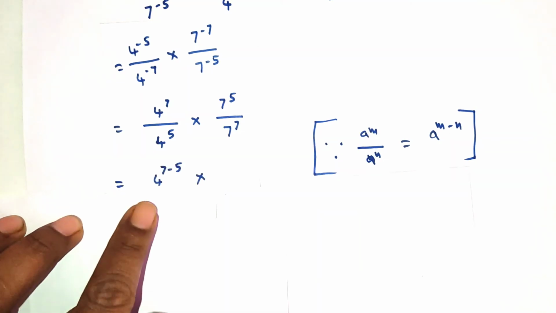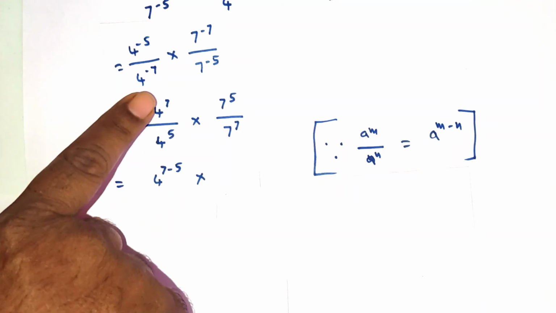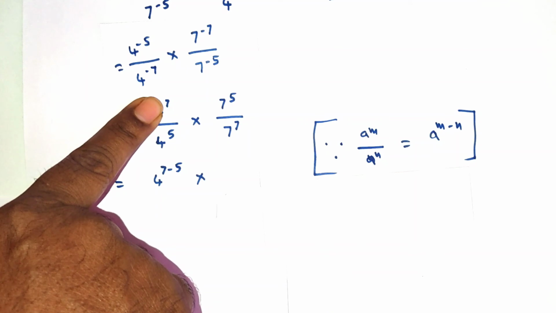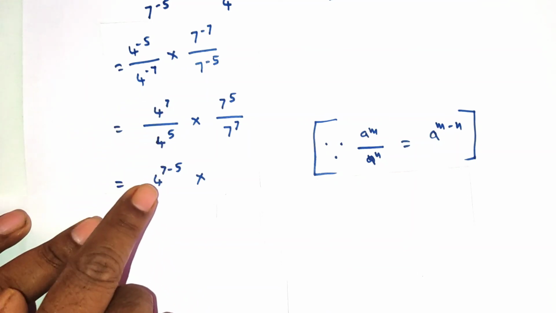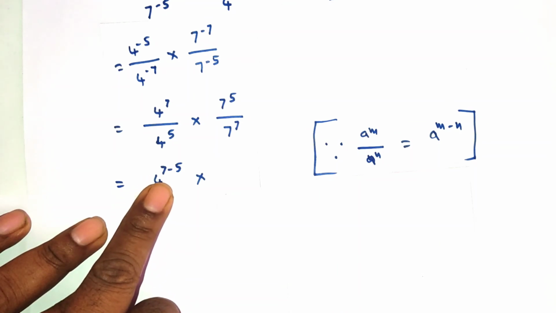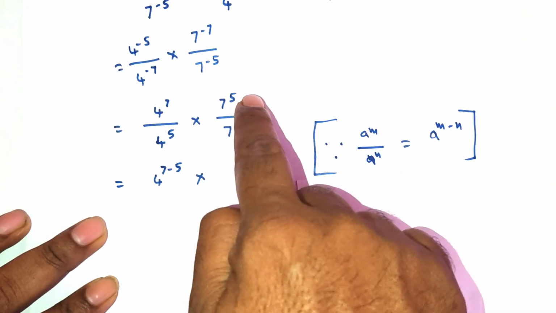We have written 4 to the power of 7 minus 5. See, here the exponent of the numerator is 7 and the exponent of the denominator is 5. We deducted 5 from 7. We got 4 to the power of 7 minus 5. In the same way, we have to write in this case also.